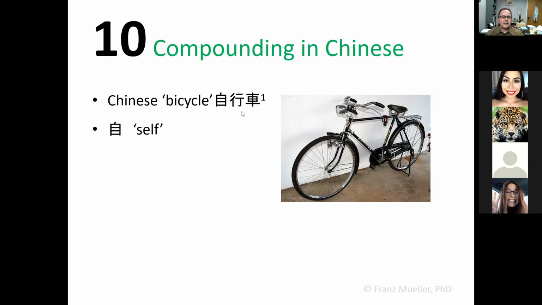The second word in the word bicycle means to propel yourself forward or to row or to pedal. And the third one means a vehicle. So literally, the Chinese word for bicycle means self-propelled vehicle, which is what you do, right? You are the engine of this thing because you need to pedal, right?